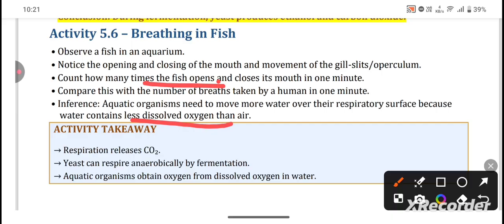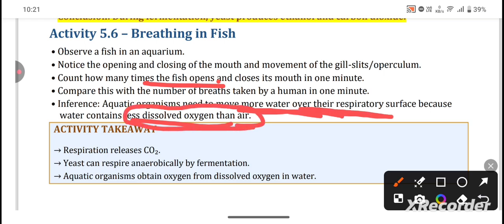In this process, breathing takes place in fish. This is the mechanism in fish, which we can compare to the normal breathing of a human being. The fish need to move more water over the respiratory surface because the dissolved oxygen is very low in water compared to air.